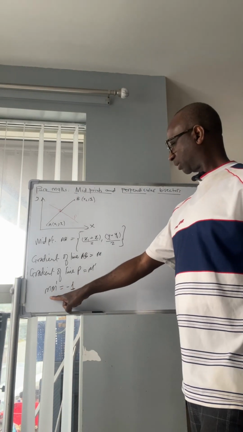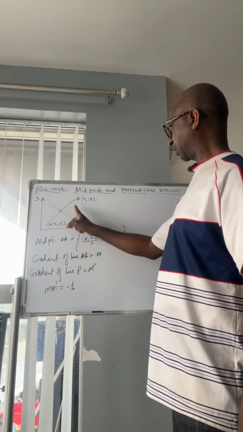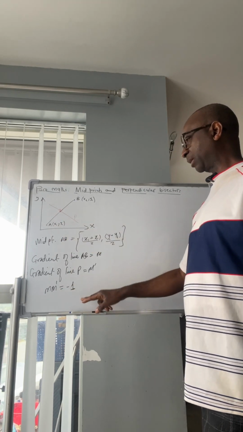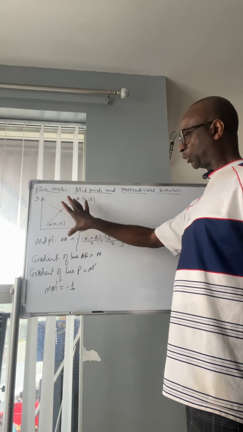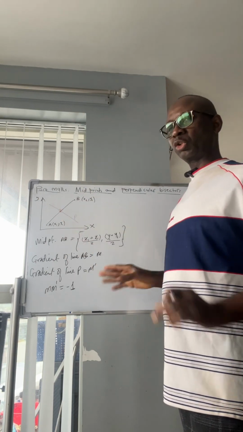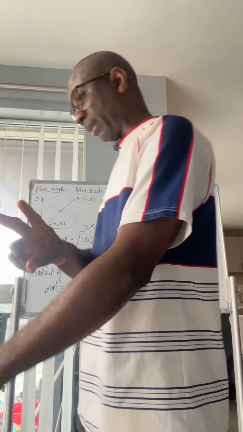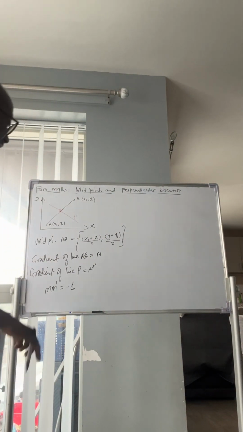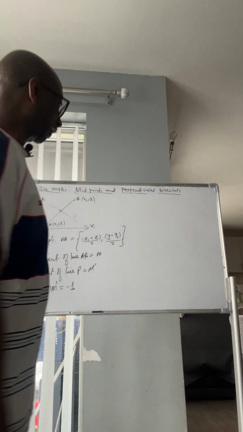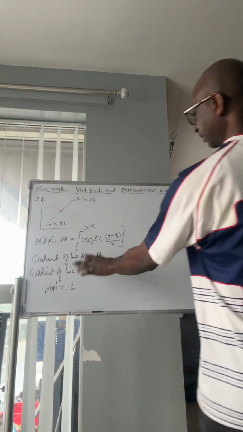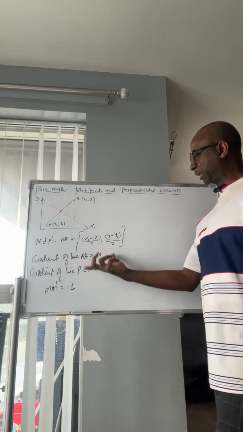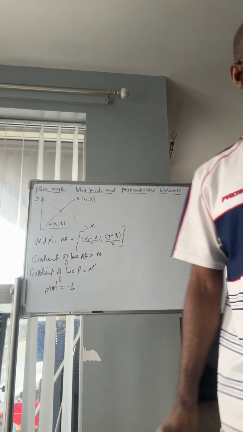If these lines were parallel to each other, their gradients would just be the same. Parallel lines have the same gradient. But when they are perpendicular to each other, the product of their gradients is minus 1. So these are the things you need for now. Then we try to solve some problems and you see how we use this idea.